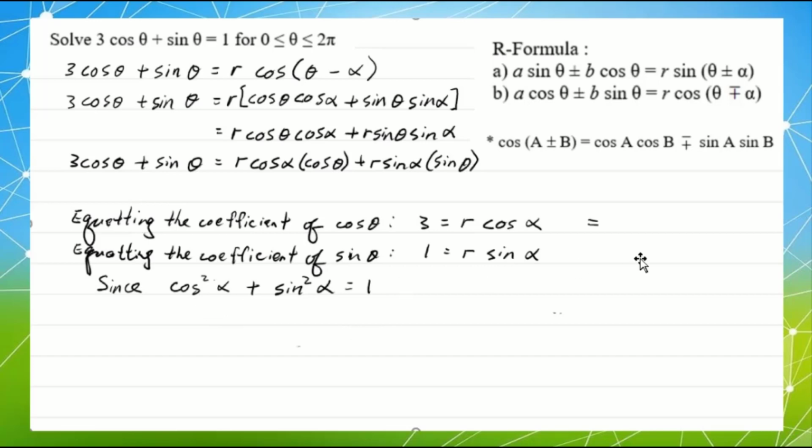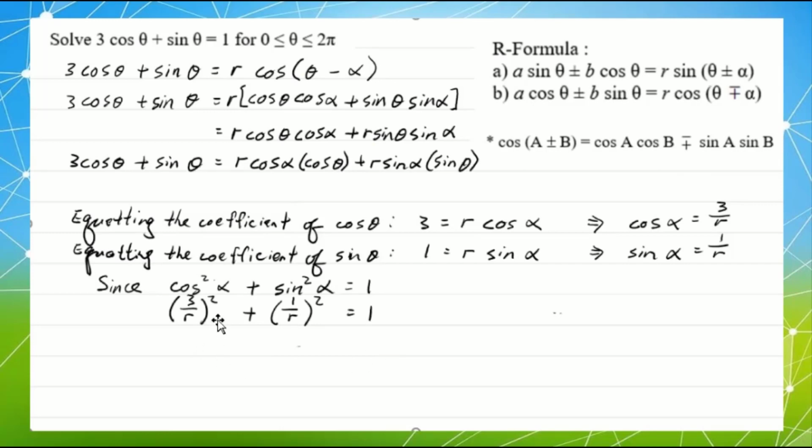Cos alpha we can get from the first equation, where cos alpha is equal to 3 over R, and from the second equation, sin alpha is equal to 1 over R. Now we substitute the values of cos alpha and sin alpha here, so it becomes (3 over R) squared plus (1 over R) squared equals 1.